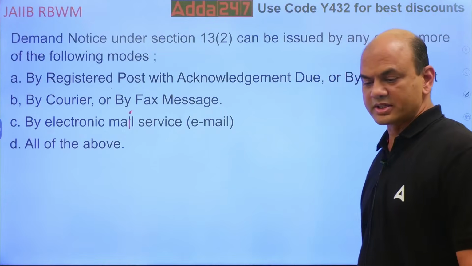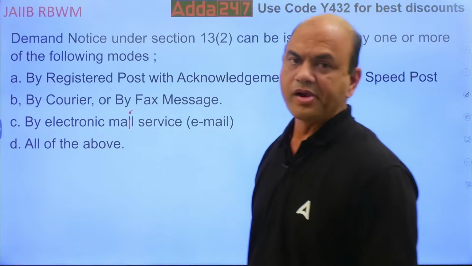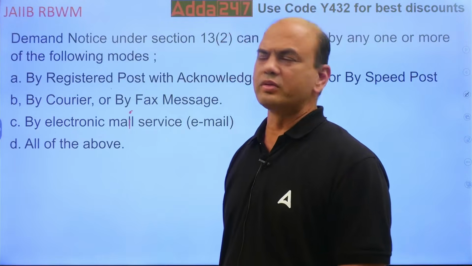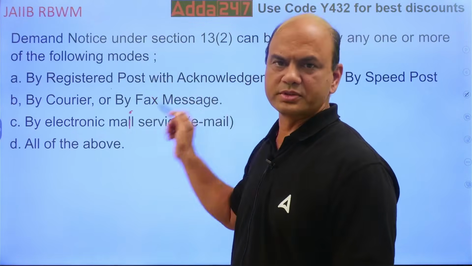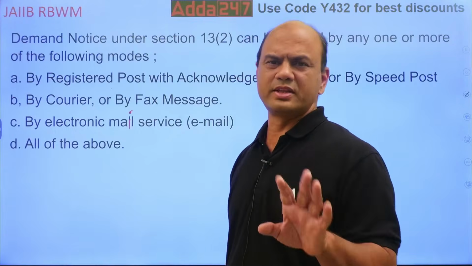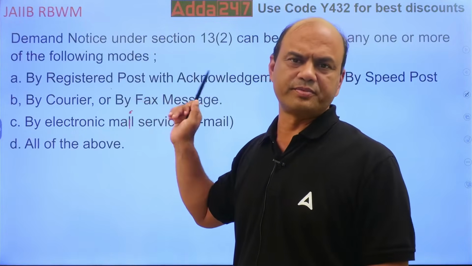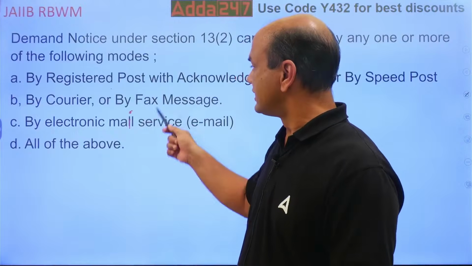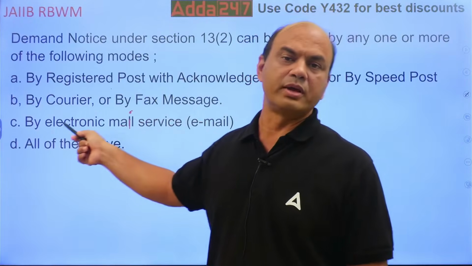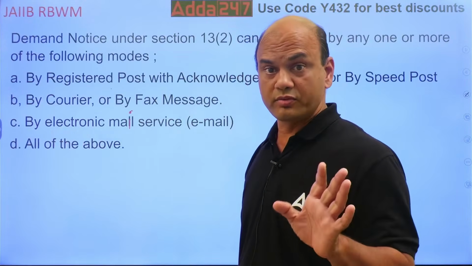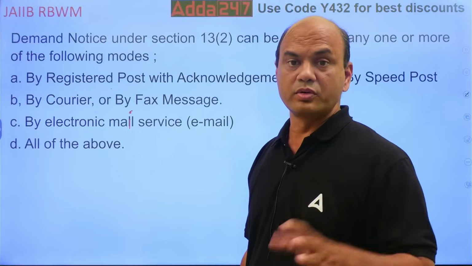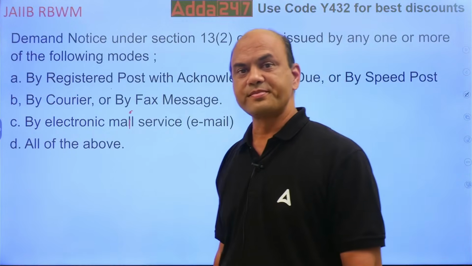So how can a demand notice be issued? Generally we follow the first one, registered post. All of you will agree with this. Many of you will not agree with courier. We send by registered post.